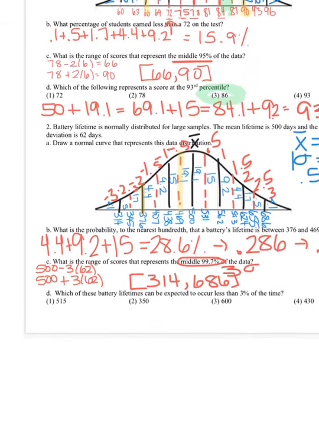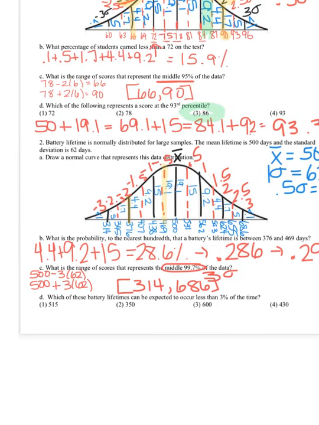Okay? And letter D, which of these battery lifetimes can be expected to occur less than 3%? So if we look at 515, 515 would be somewhere between 500 and 531, which shows 19.1%, so it's not choice 1. Choice 2, 350. 350 falls between 345 and 376.